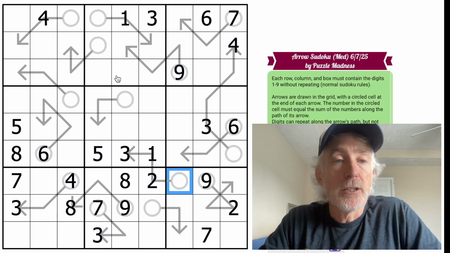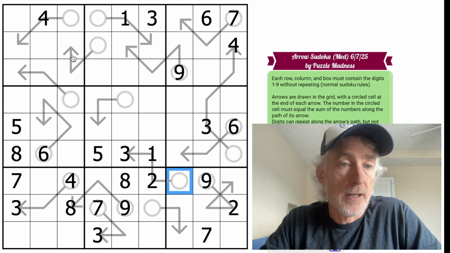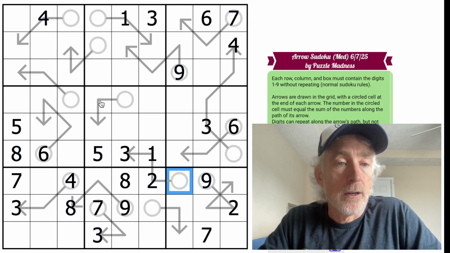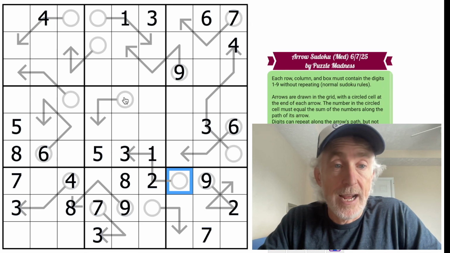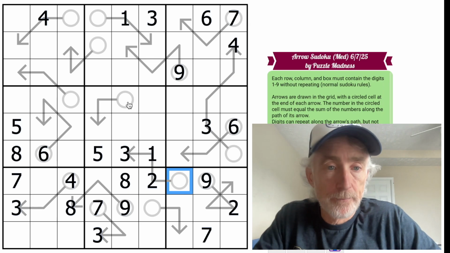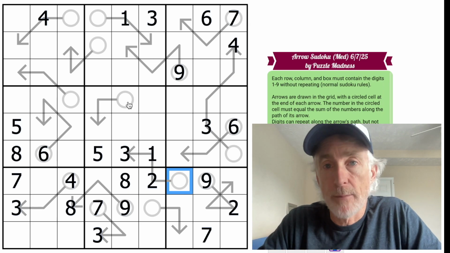And then in addition, you have these circles throughout the grid. And the circles represent the sum of the digits that are in the cells with the arrows that are attached to those circles. So for example, whatever digit this ends up being, these two digits in these cells are going to add to that. And that's basically it.